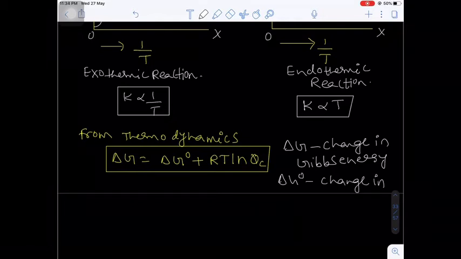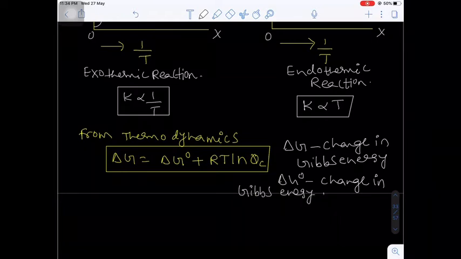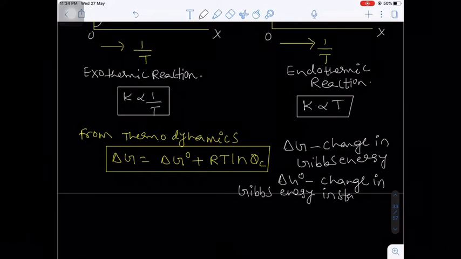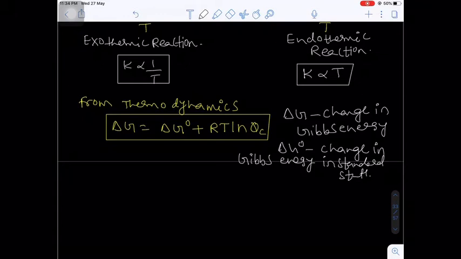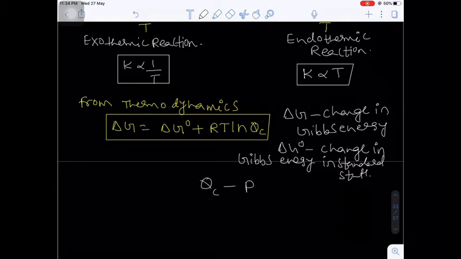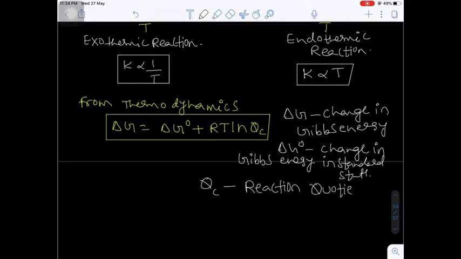Delta G naught again is the change in Gibbs energy in standard condition, in standard state. Okay. R we know is the gas constant, T is the absolute temperature, and what is QC? QC is called the reaction coefficient.